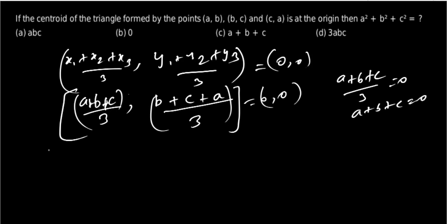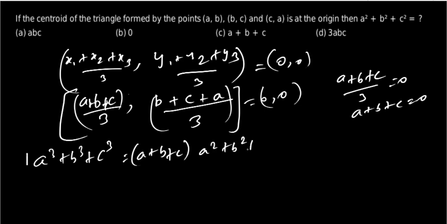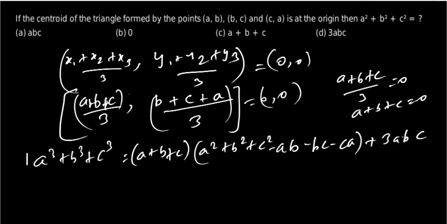In algebra, we have the identity that a cube plus b cube plus c cube equals (a plus b plus c) into (a square plus b square plus c square minus ab minus bc minus ca) plus 3abc.